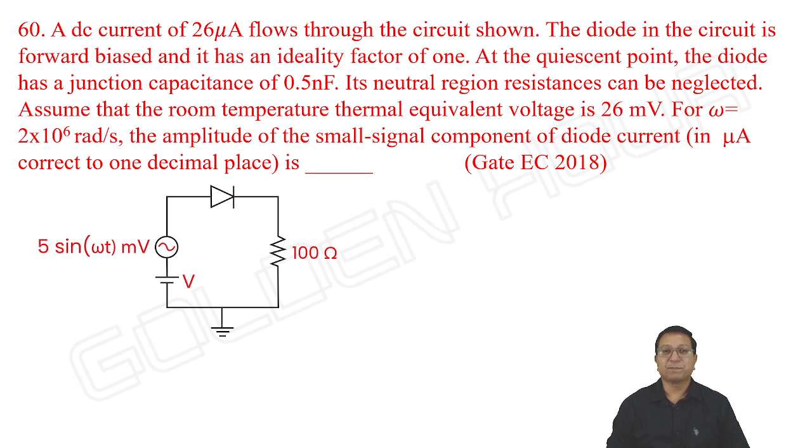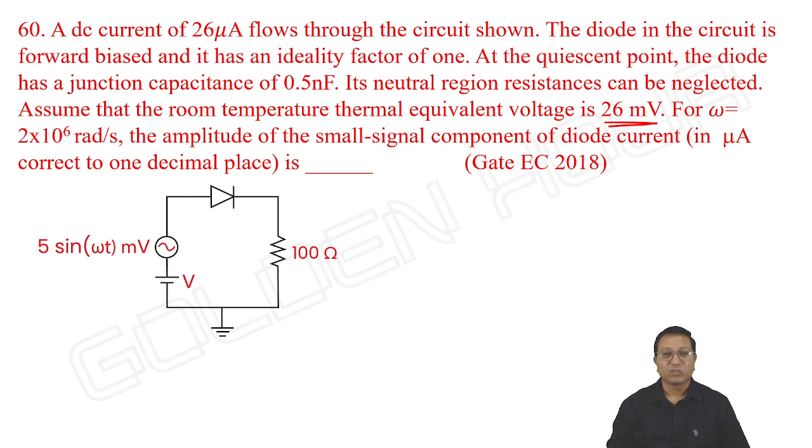Assume that the room temperature thermal voltage is 26 millivolt. Instead of 25, they give 26. For omega equal to 2 into 10 power 6, or 2 mega radian per second, the amplitude of the small signal component of the diode current in microamperes, corrected to one decimal place, is?